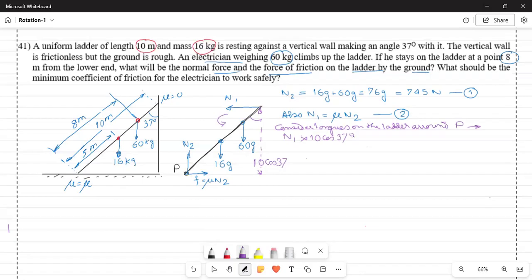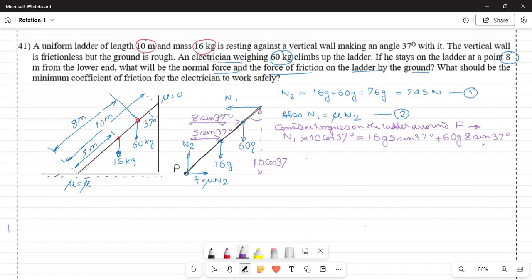Now, N1 will be equal to, so will be counteracted by, 16G into this distance, which is 5 sin 37 degree. 16G into 5 sin 37 degree, plus 60G, this distance is 8 sin 37 degree.